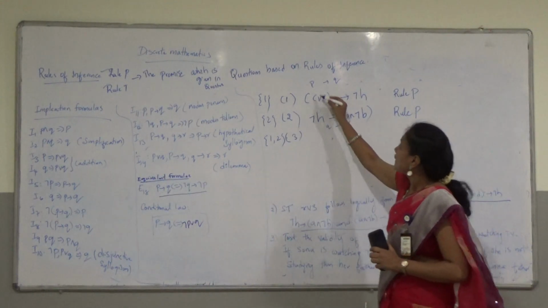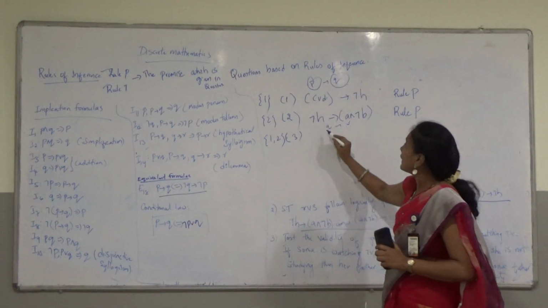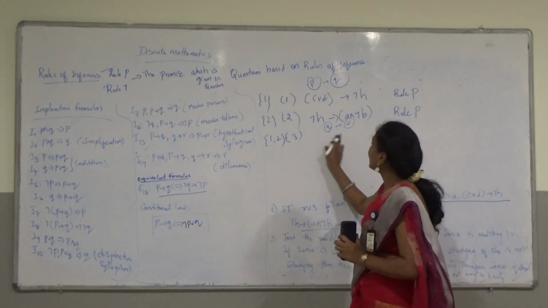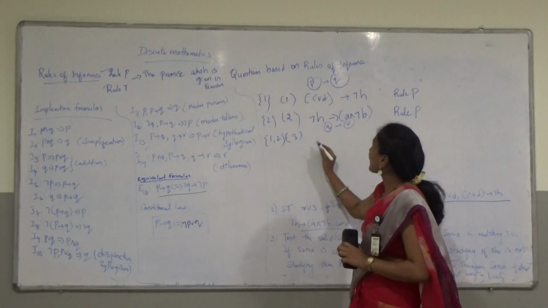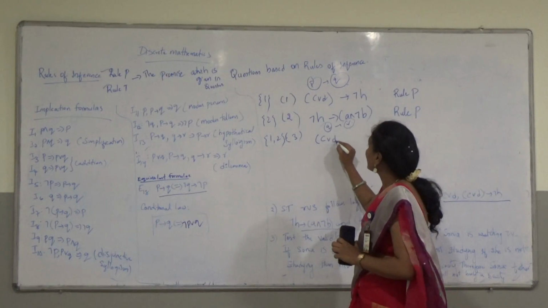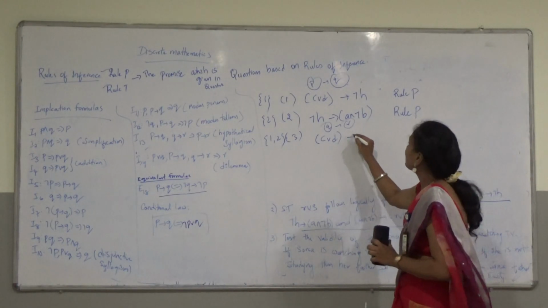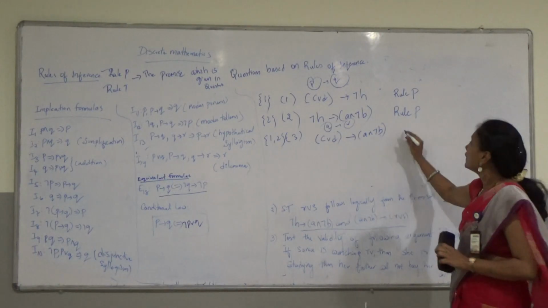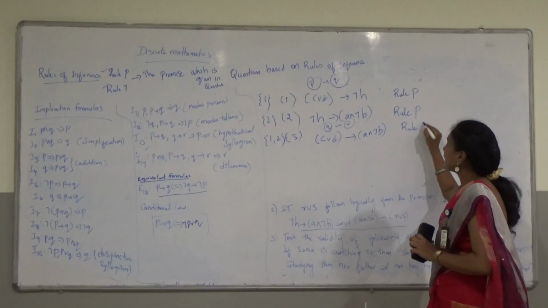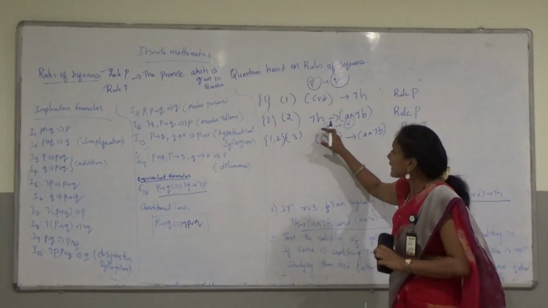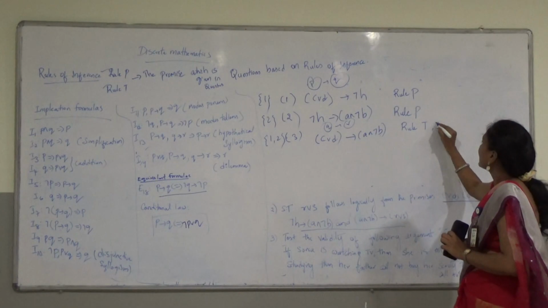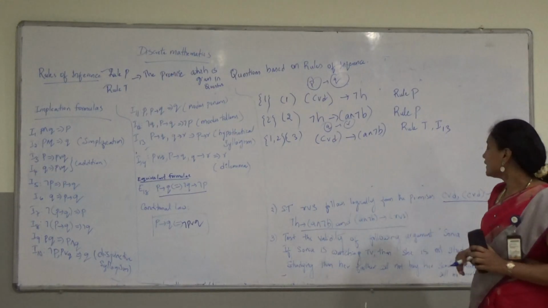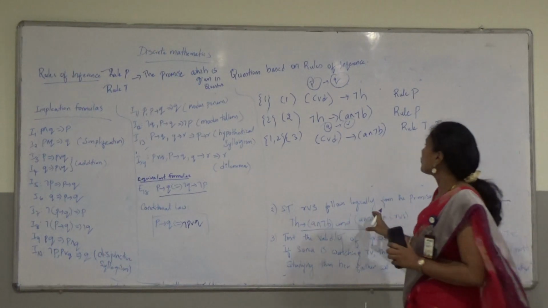So we will get the final result as P implies R. P is nothing but, according to the question, C or D implies A and negation B. How did we get this statement? We got it from rule T, from the first and second premises, and the hypothetical syllogism is applied, that is I13.